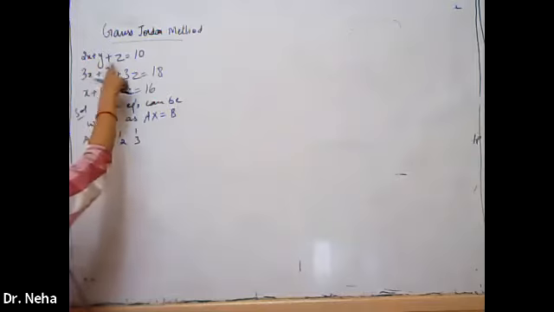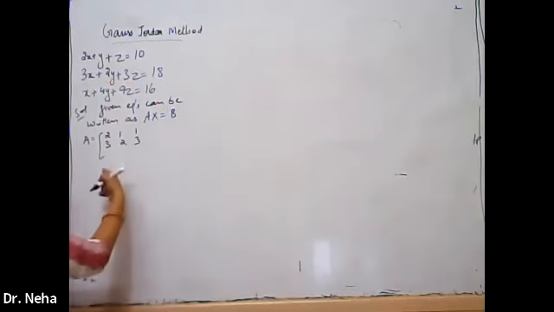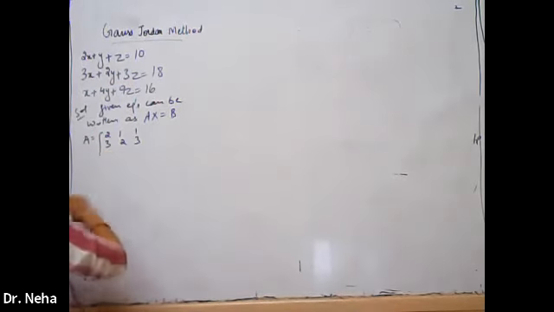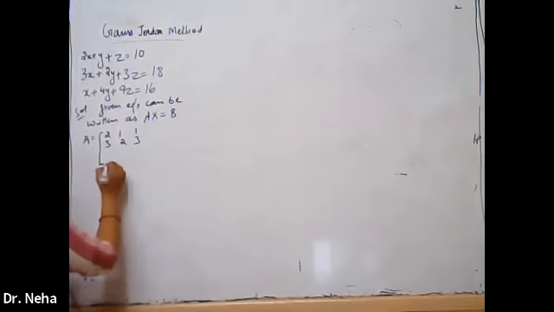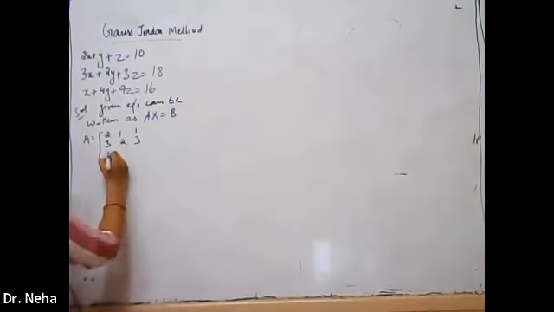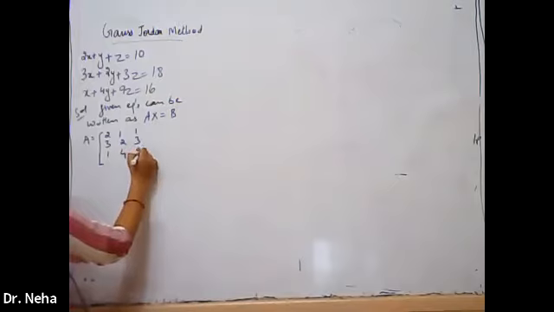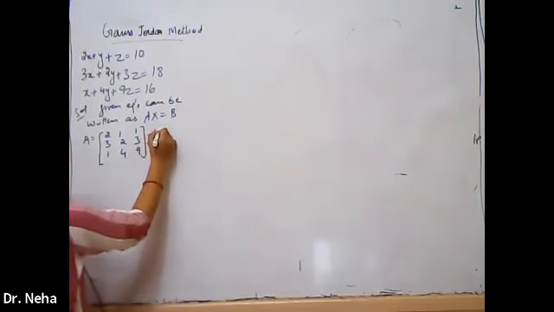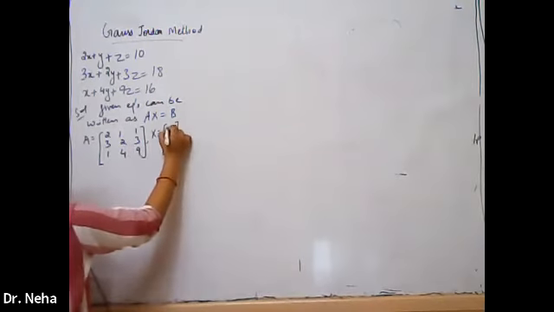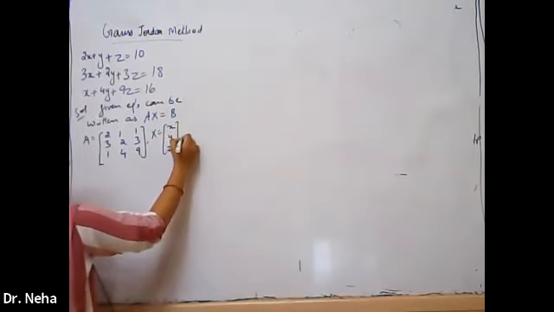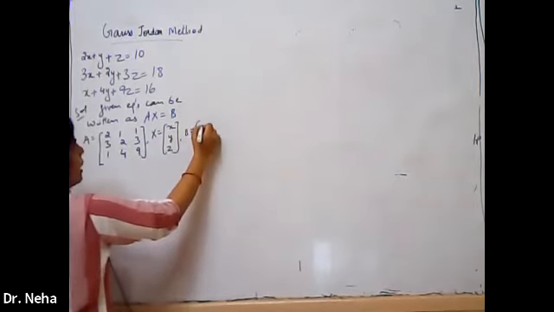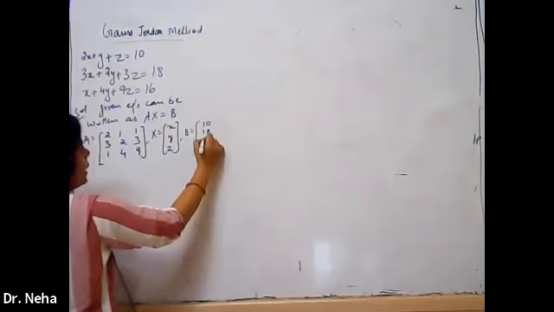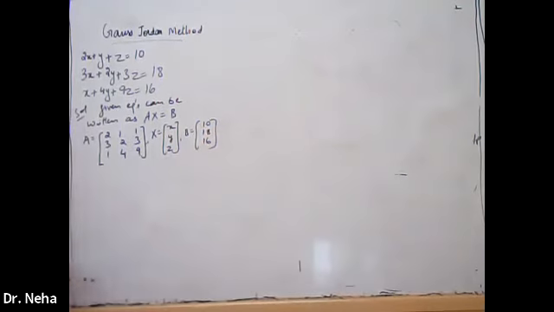You cannot write an equation in the form of a column; you have to write it in the form of a row. Similarly, the third equation will become your third row, having the elements 1, 4, and 9. Then capital X will be a column matrix having the unknown variables x, y, z. And similarly B, the matrix on the right hand side, is 10, 18, and 16.